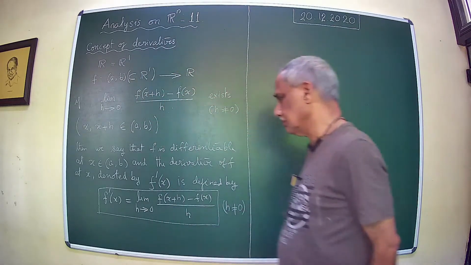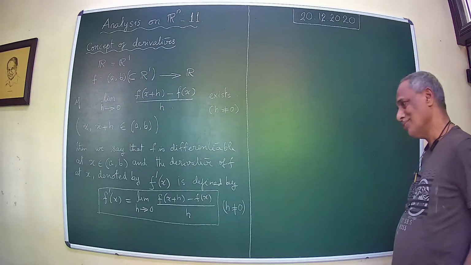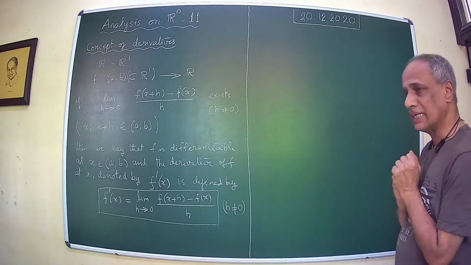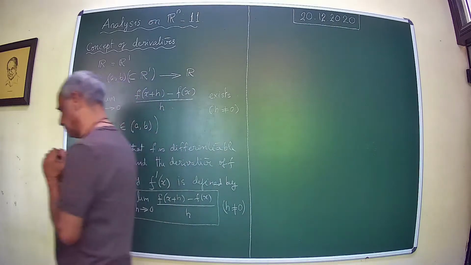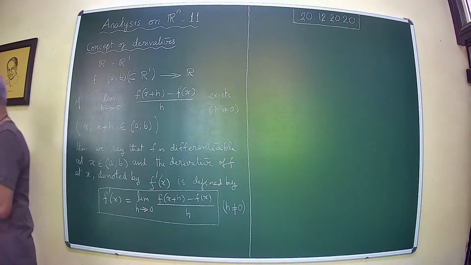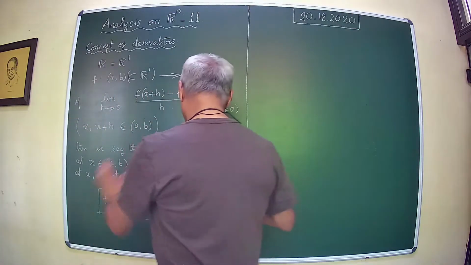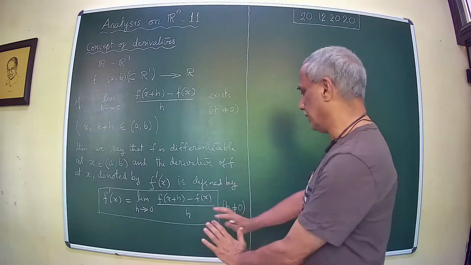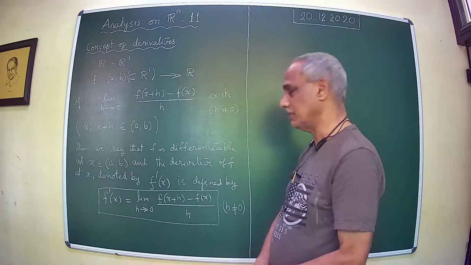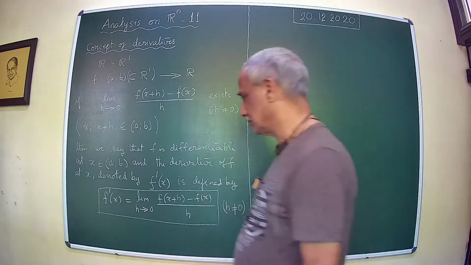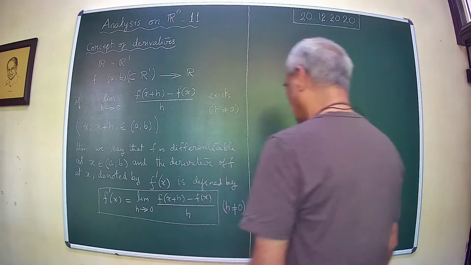Now, this whole thing has to be looked at again. So we try to rework this, avoid the sensitive thing of dividing by h, and write it in a new form.